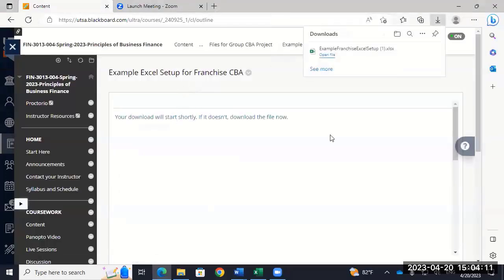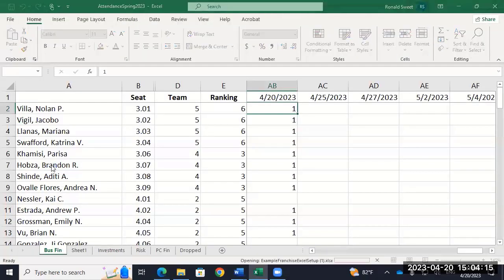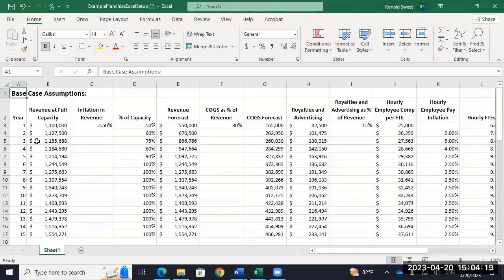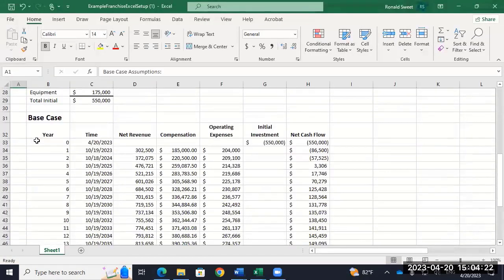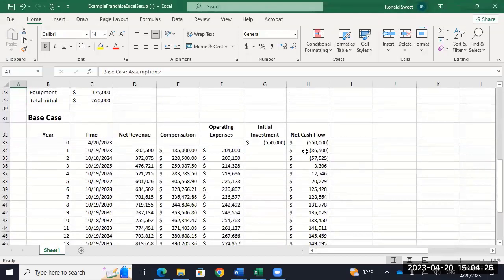So the franchise CBA, when you're doing a franchise, you essentially do a cash flow statement, and you figure out how much cash you are out. In the first few years, you may be out cash, but you're doing everything on a cash basis. And what you're going to have to borrow or put equity in is what you're short.